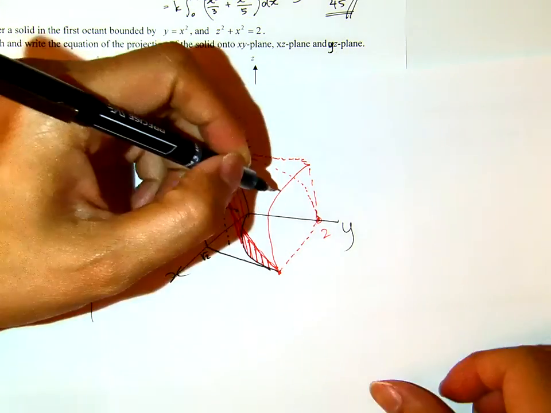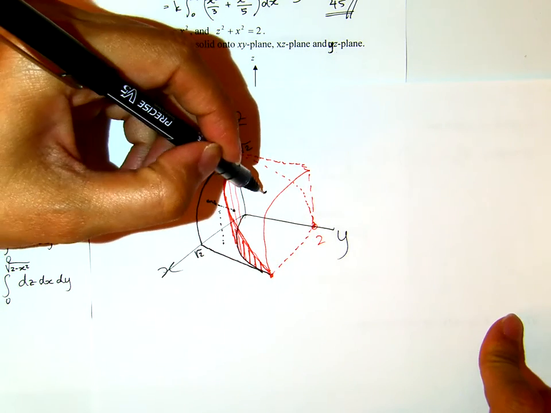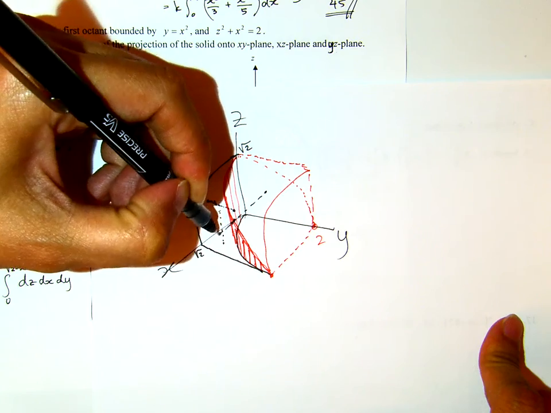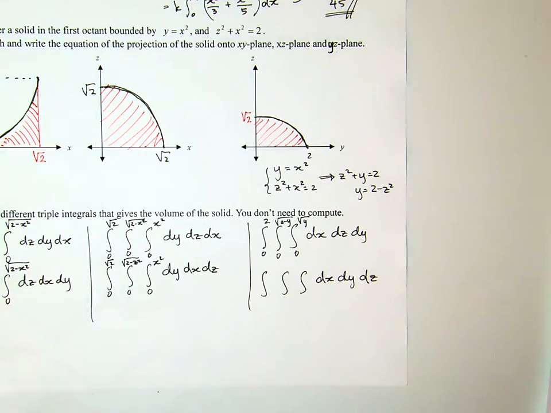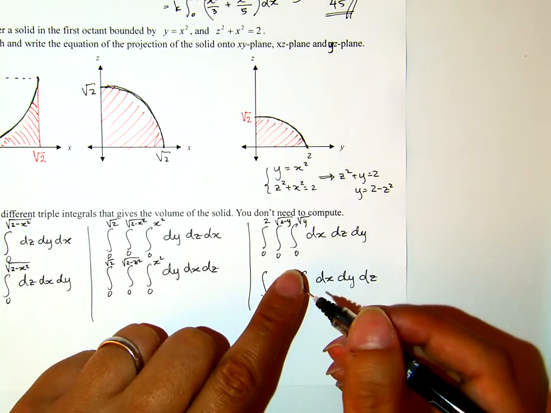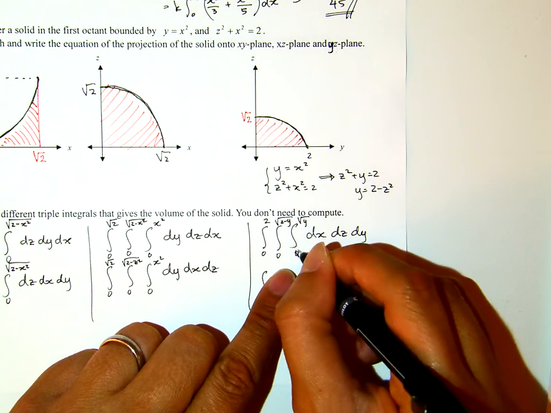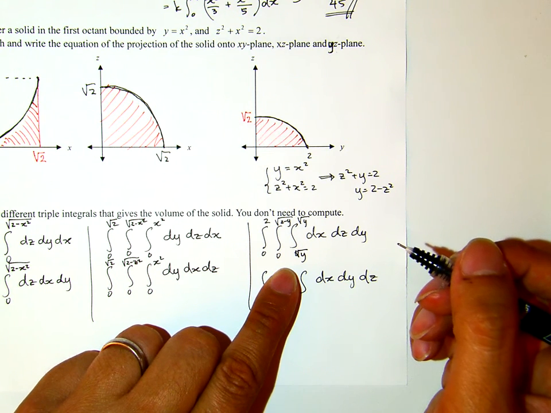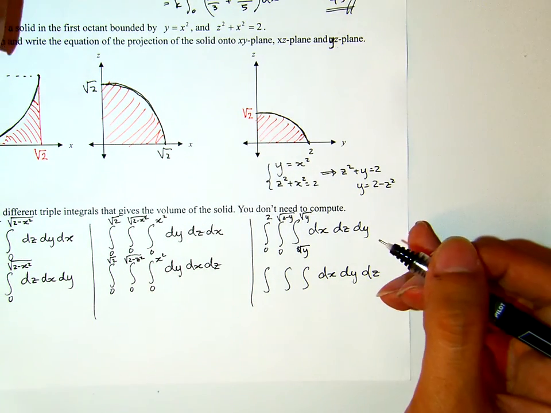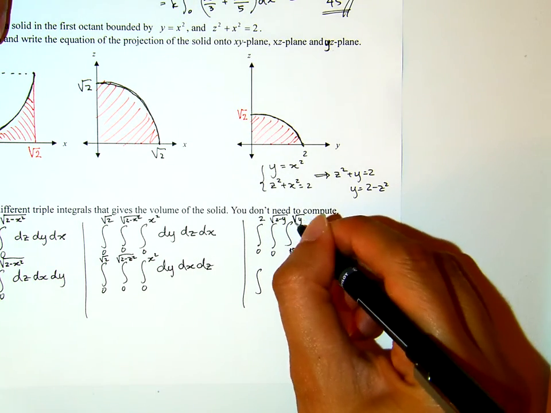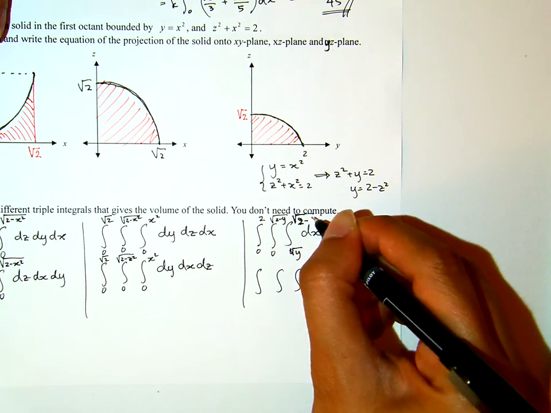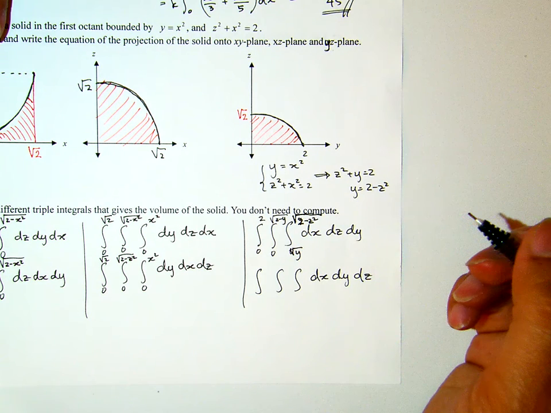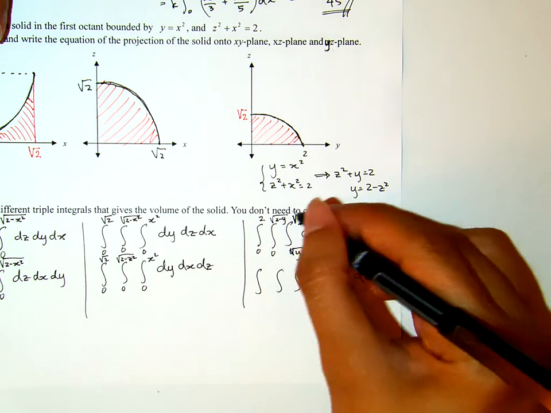Now if I pick a point here, and I go in the x direction, I will hit the curtain first and then I hit the cylinder, right? So no, it's not. It will be from the curtain, which is square root of y, to the cylinder. The cylinder will be square root of 2 minus z squared. Okay, it will hit the curtain first and then the cylinder.